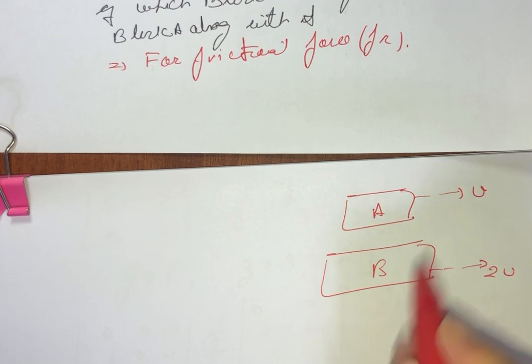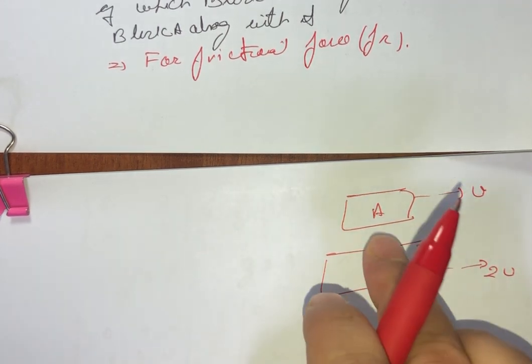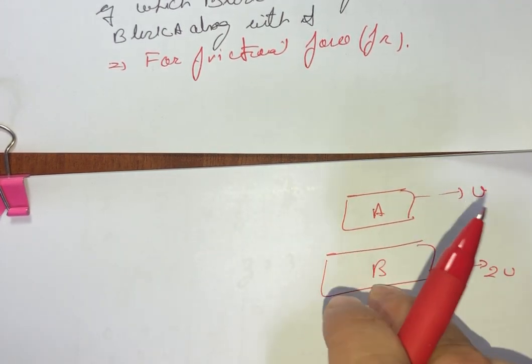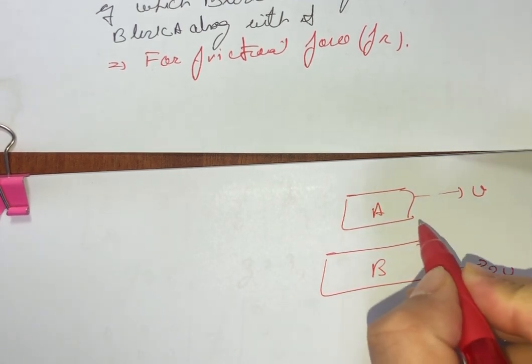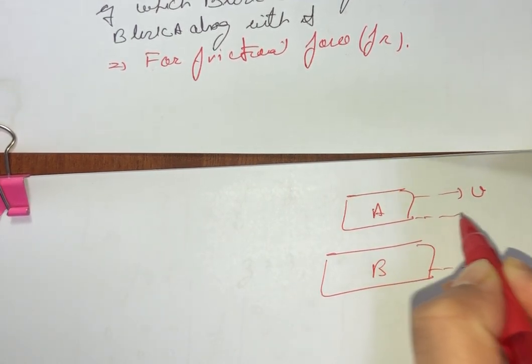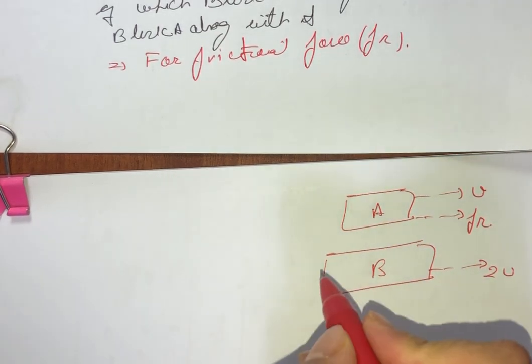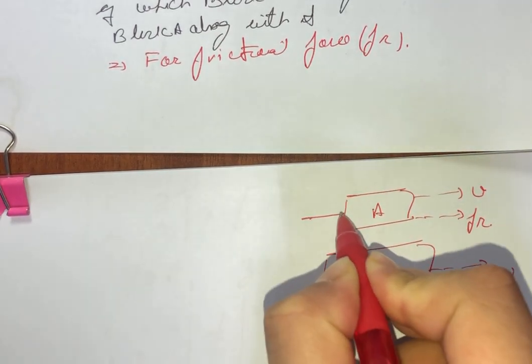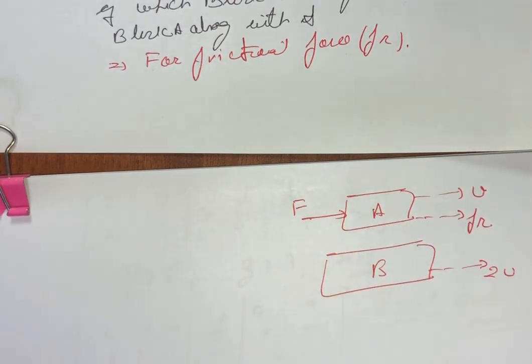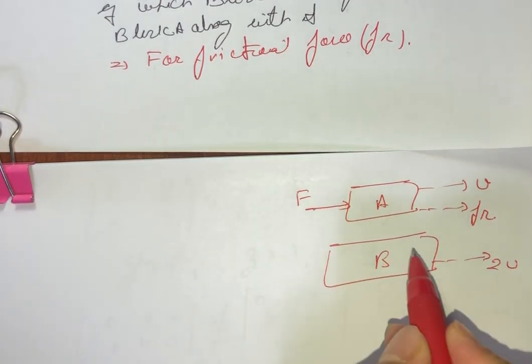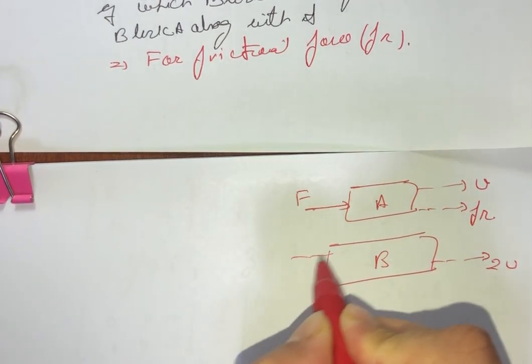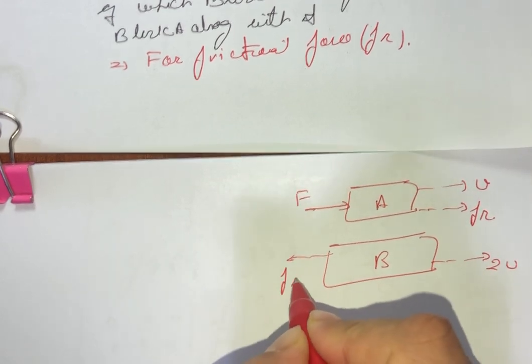Now block B is trying to move block A because of the frictional force Fr. So on block A, the frictional force will be acting towards the right side, and the force F is also acting along this, and equal and opposite will be acting on block B, that is Fr.